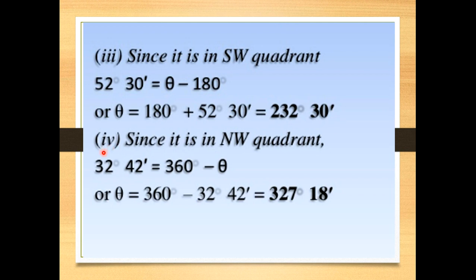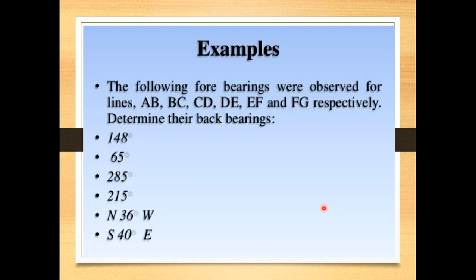Then last is the 32 degree 42 minutes, which is in the NW quadrant. So how to find WCB? WCB is equal to 360 minus 32 degree 42 minutes, then we get 327 degree 18 minute.